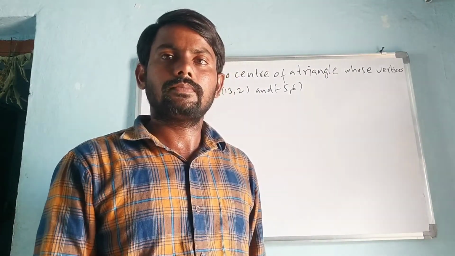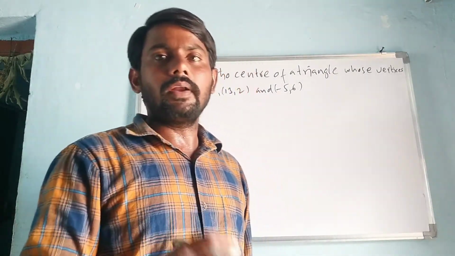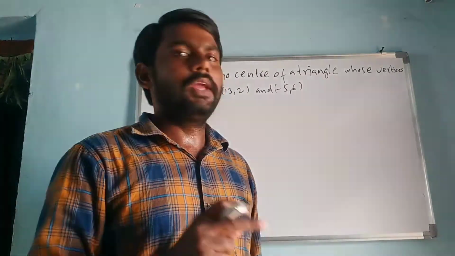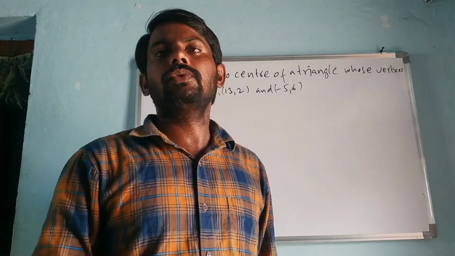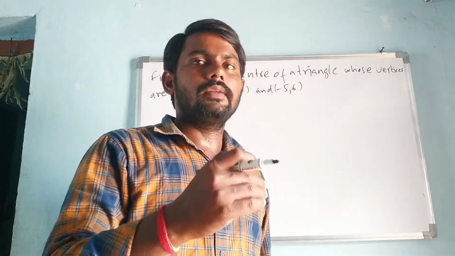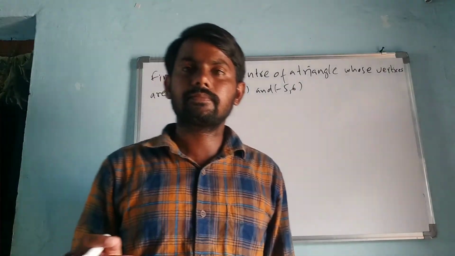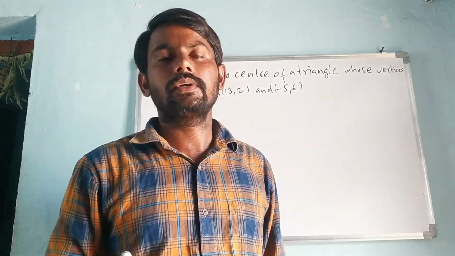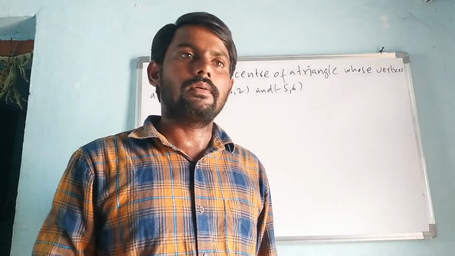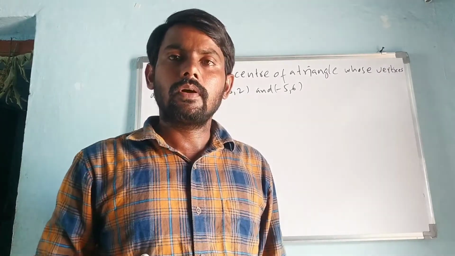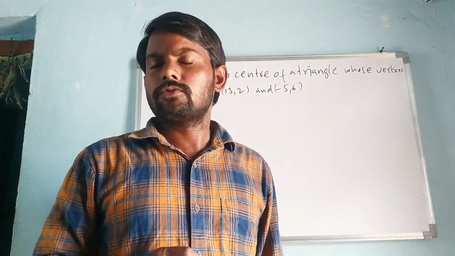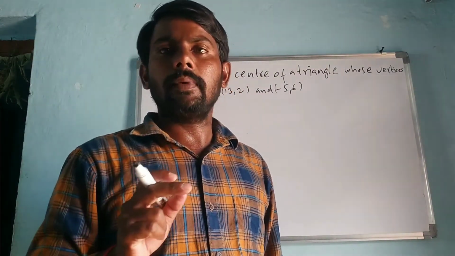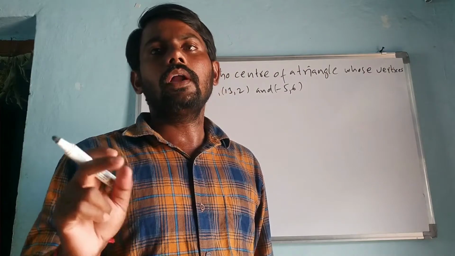So we have to find the equations of any two altitudes, and then by solving them by cross multiplication, we will get the orthocenter of the triangle. So first of all, we have to find the equations of two altitudes.